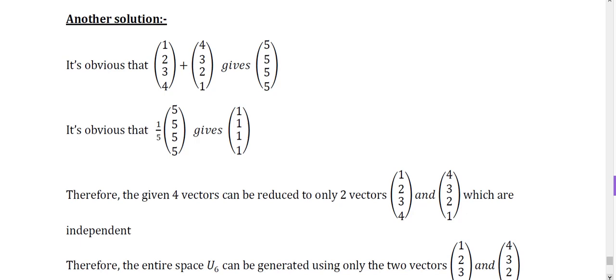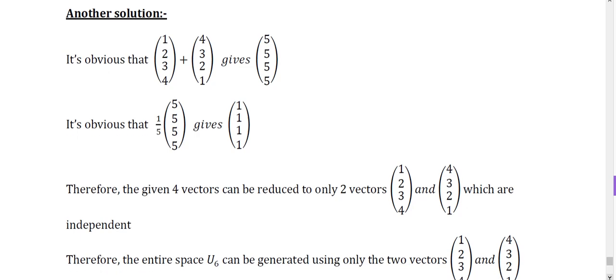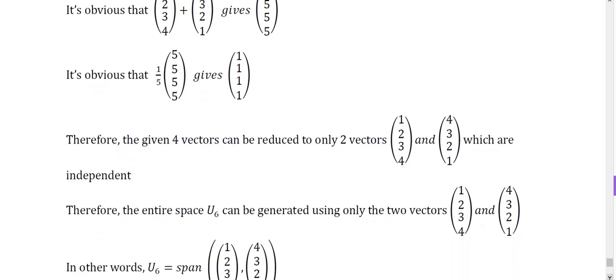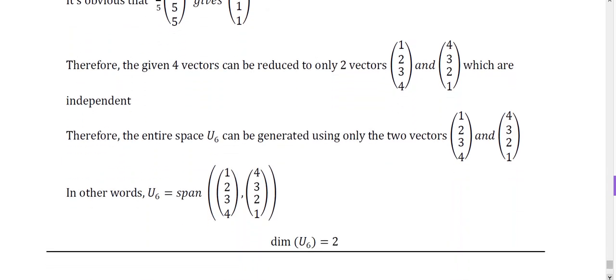Therefore, the given 4 vectors are reduced to the first and third vectors only, which are linearly independent, and hence these 2 vectors are the least number of vectors that can span U6. The conditions are satisfied so they can act as a basis for U6, and this makes the dimension of U6 equal to 2, right?